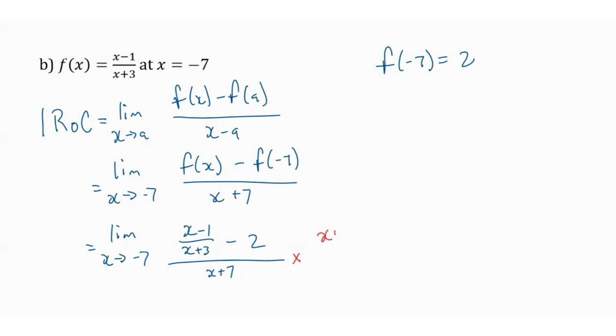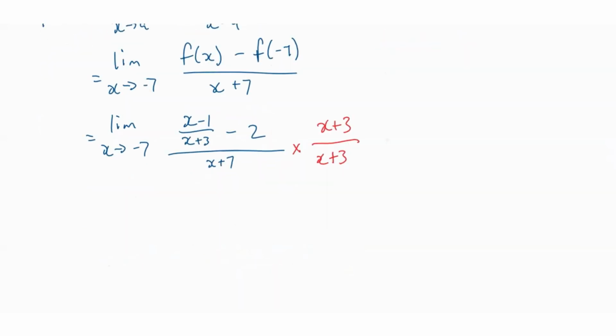My common denominator on top would be x plus 3, so I multiply the top by x plus 3 and the bottom by x plus 3. You would be clearing the denominators on top, but we're multiplying by 1 in a convenient way. Some people like doing it one way and some the other, so pick whichever you like best.